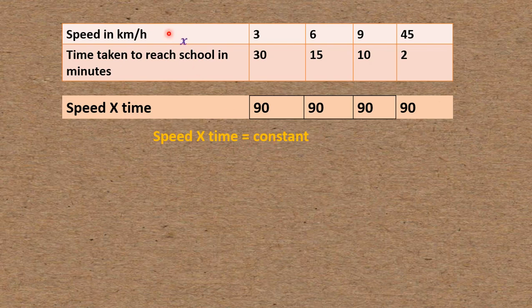So if we take speed as variable x and time, in minutes, as y, we can say the speed x and the time y are related as x into y is constant.